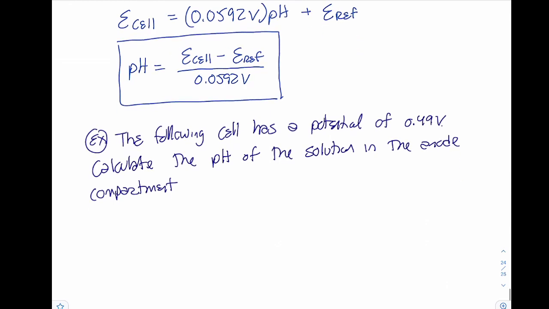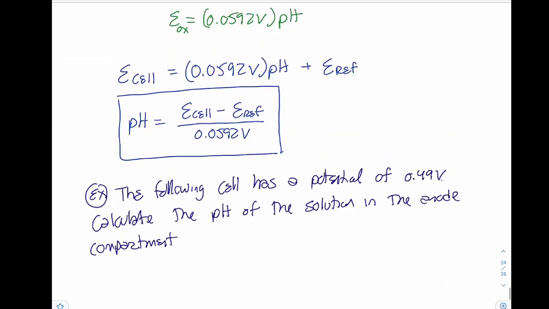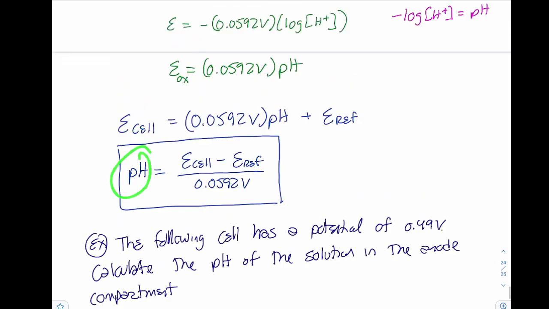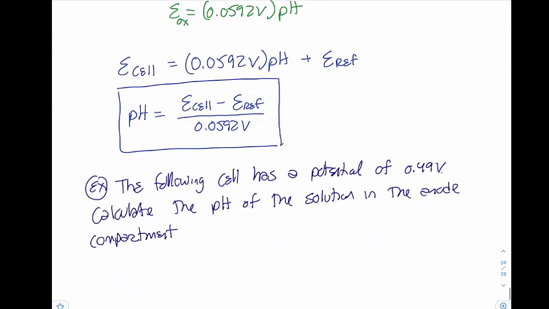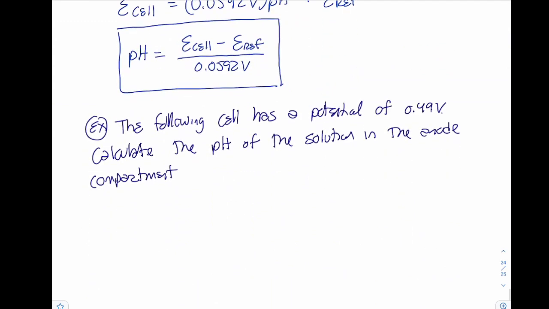And you could ignore the in the anode compartment and just calculate the pH. But again, remember this pH is coming from my oxidation, which is my anode. So that is the part that's actually determining our pH here.